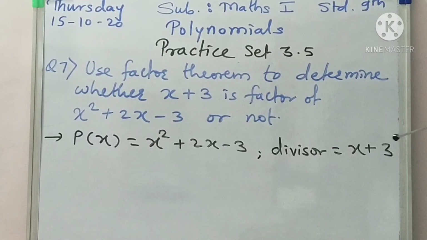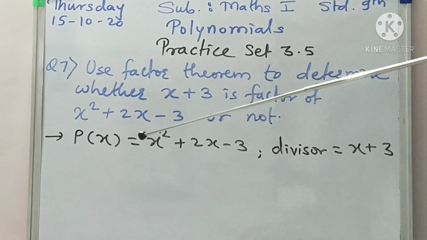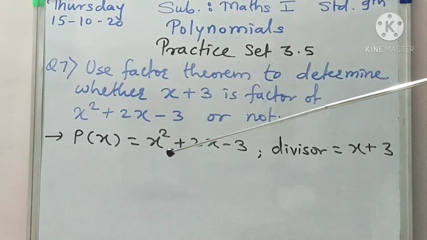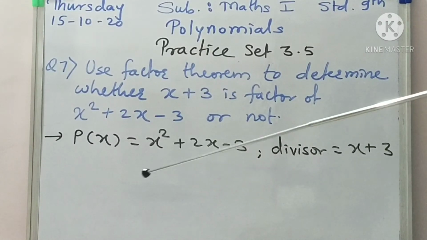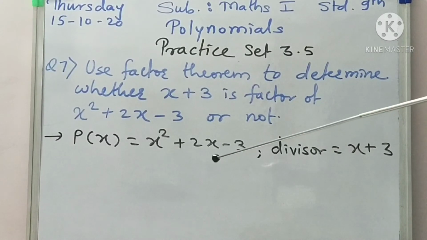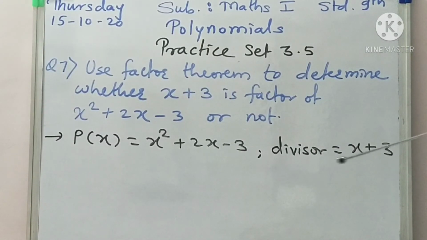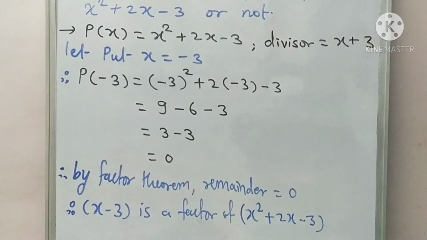We substitute the opposite value of this constant for x here, and we simplify it, and if the value of the polynomial for x equal to minus 3 is 0, then x plus 3 is a factor of p of x. So pay attention here, students.